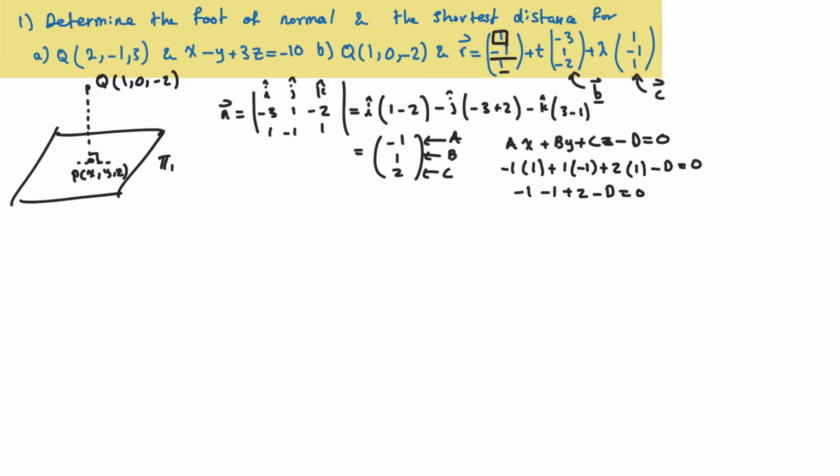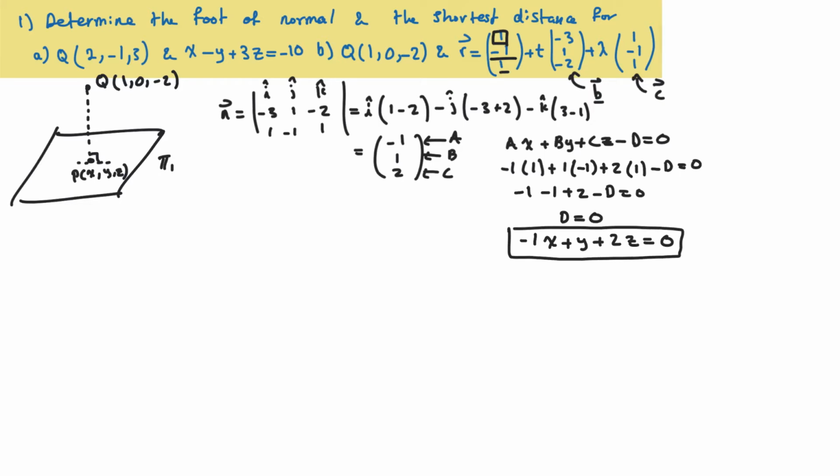And I get D is equal to 0, which is pretty nice. That means that our equation for the plane is going to be -1x plus y plus 2z is equal to 0. So that's our Cartesian equation there.